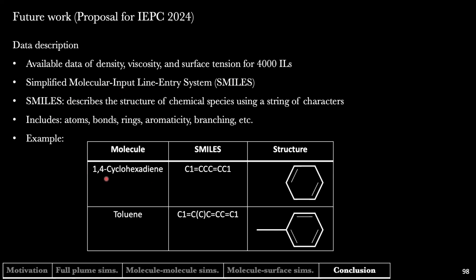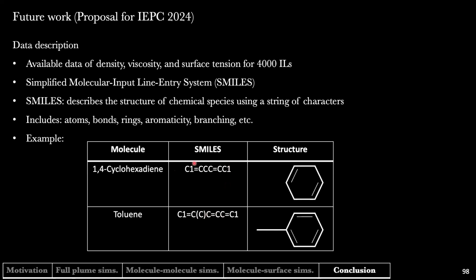For example, for a given molecule, we have its corresponding SMILES representation. For example, the equal sign represents a double bond. This number one represents a ring, and the parentheses represent branching, etc. So we can represent all the details of the molecular structure of a given molecule using a string of characters.